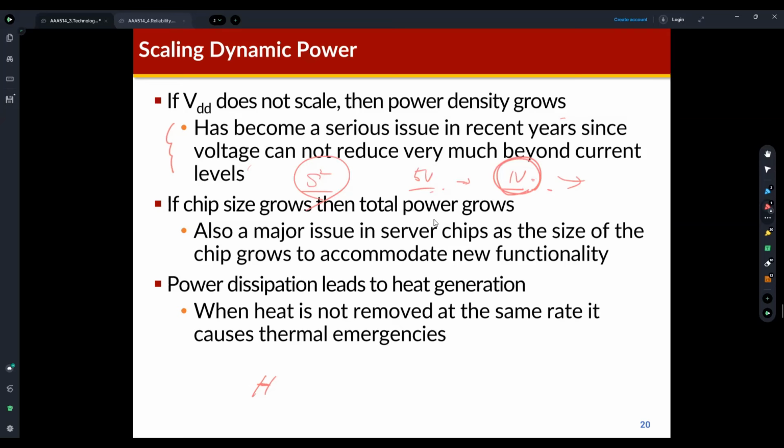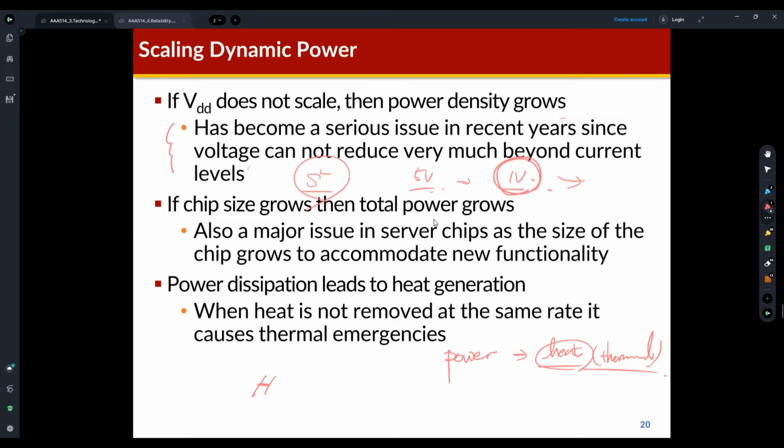Okay. So if the chip size is very large, then this large chip will also consume much power. I also explained that this power is related to heat, that is thermal. So we need to also consider the thermal issues in the control system.